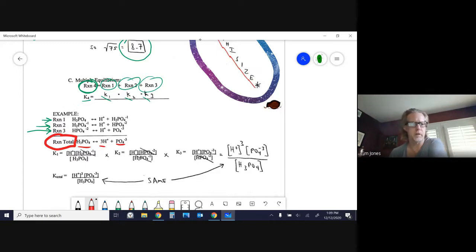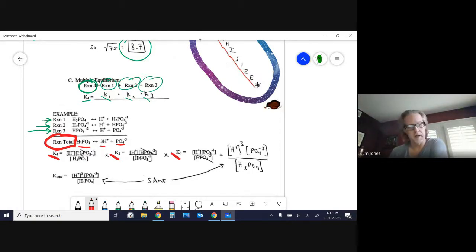What I'm trying to show here is if you write the K expression for each reaction, so first reaction here, second reaction here, and third reaction here, if you add these together, the K expressions for reaction 1, 2, and 3, you do not get the K for the total.